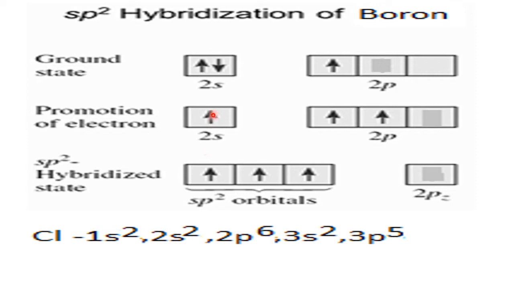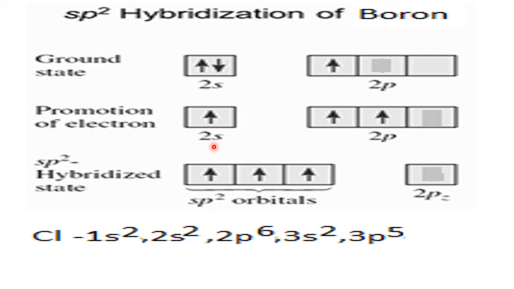These unpaired are the 2s, the 2px, the 2py, or any one you can take out of three, because all three are degenerate. So you can take any two orbitals of 2p. Two 2p orbitals with a single electron and one 2s orbital with a single electron undergo hybridization.